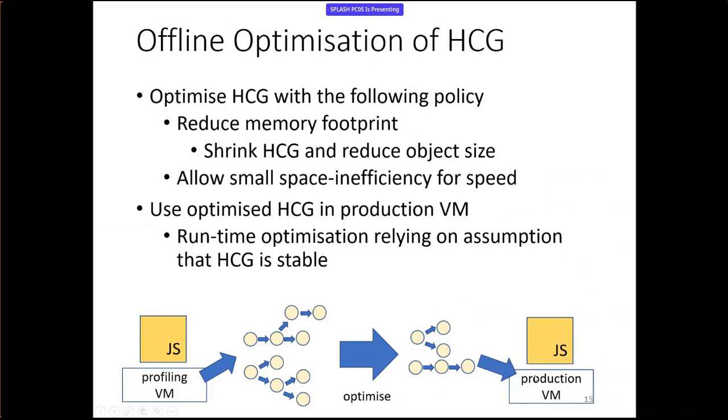In the actual runs, we use this optimized hidden class graph, and because this hidden class graph is stable, the production VM can apply runtime optimization relying on the assumption that the hidden class graph is stable.